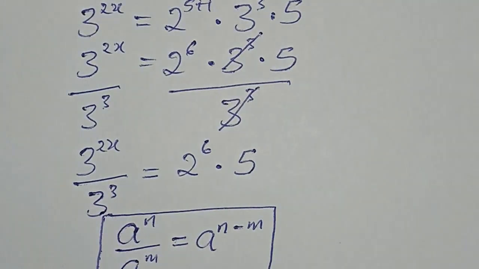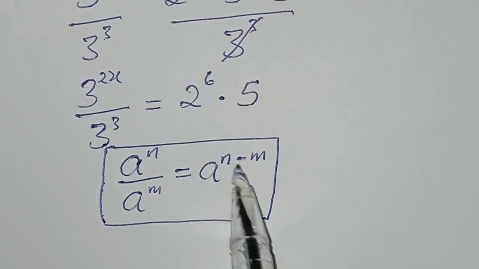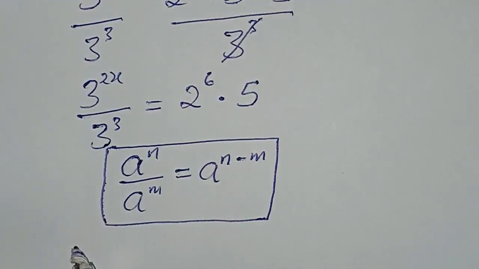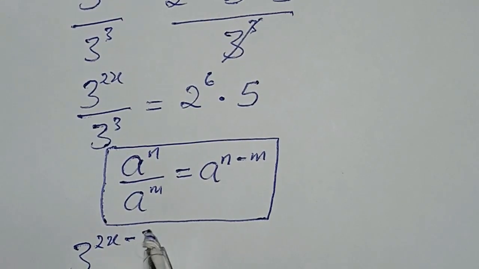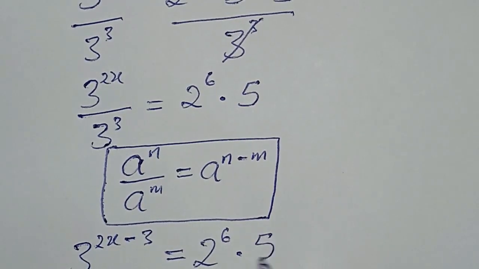If we consider this identity, then our left hand side can be transformed to this. We now have left hand side to be 3^(2x-3), which is equal to 2^6 multiplied by 5.